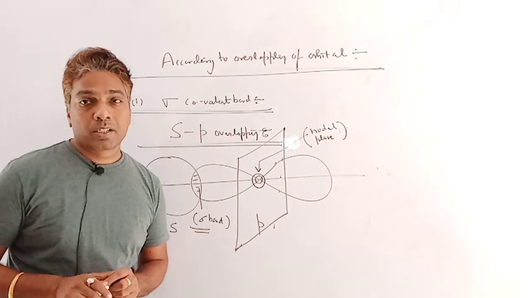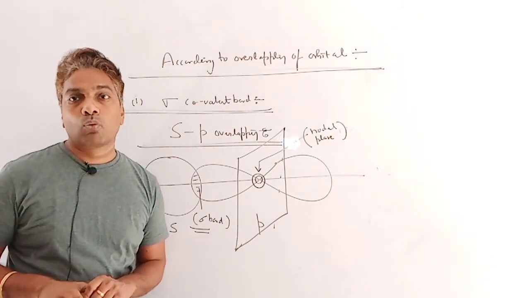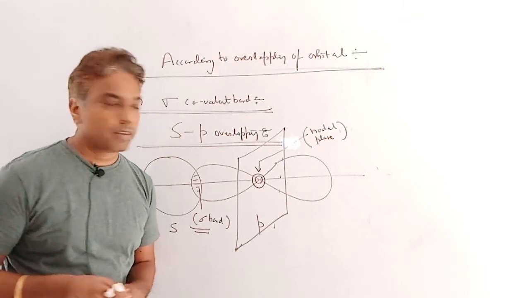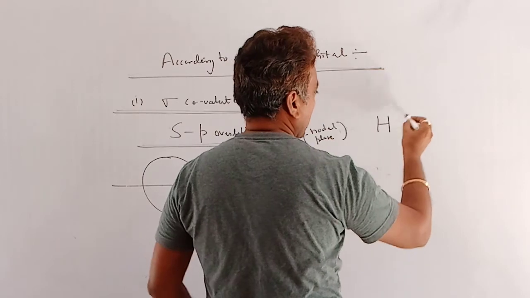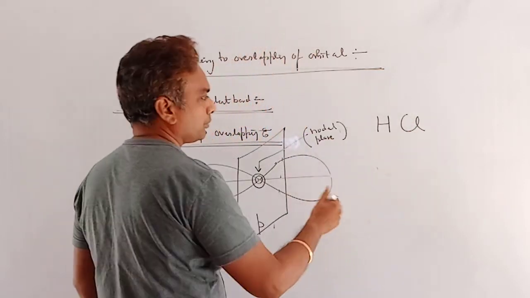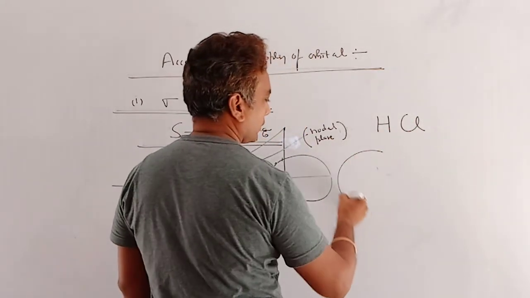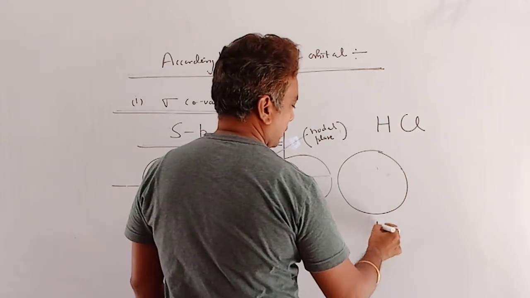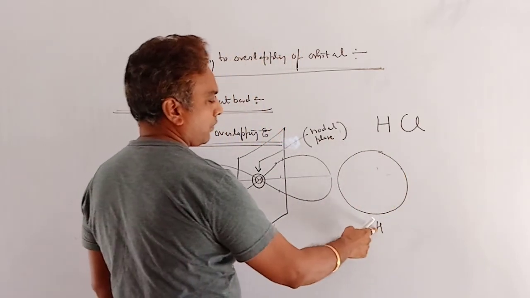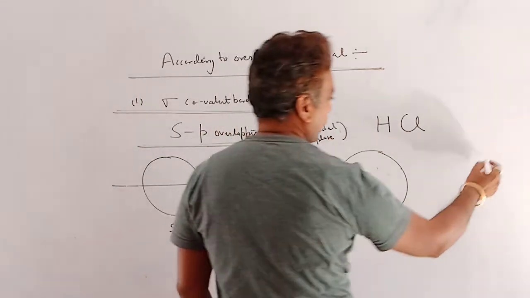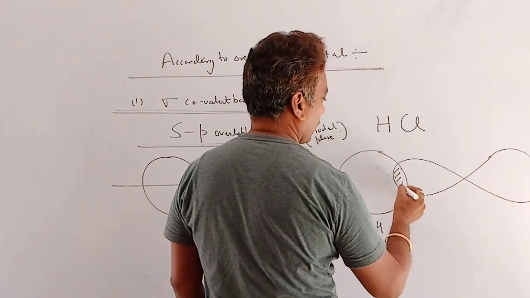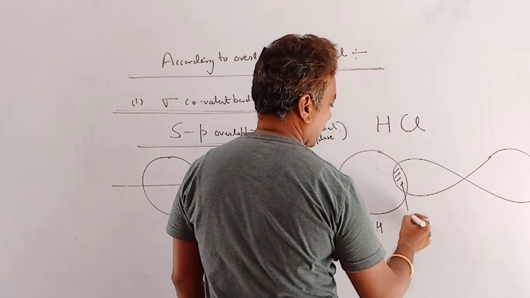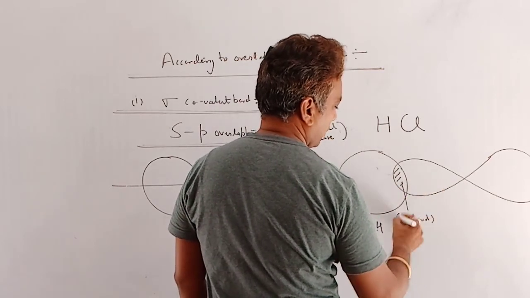So in case of sp overlapping, we have one nodal plane. Clear? Example of such overlapping is like HCl. One s orbital of hydrogen overlaps with one p orbital of chlorine head on. So here sigma bond is formed. Clear?